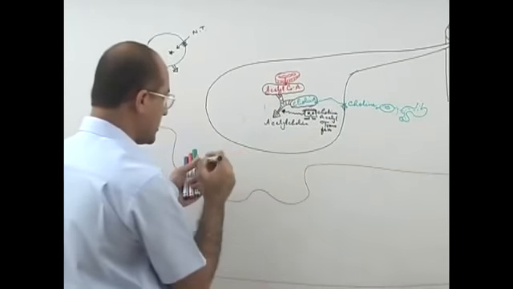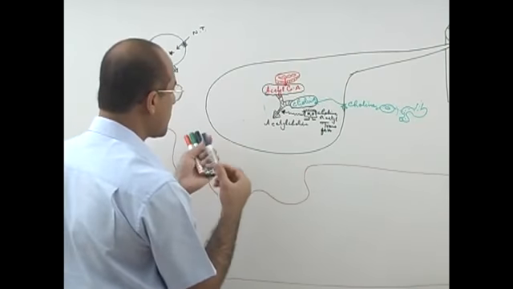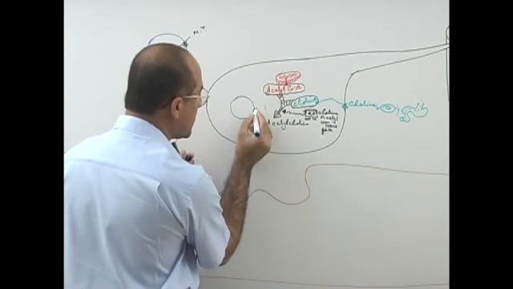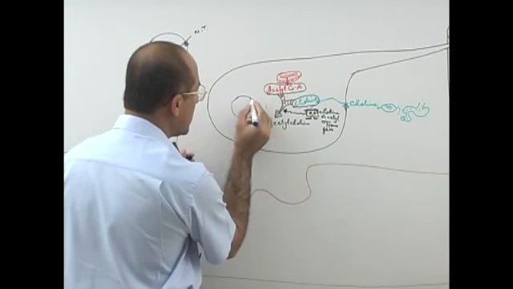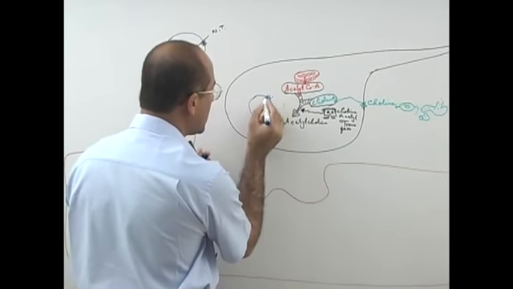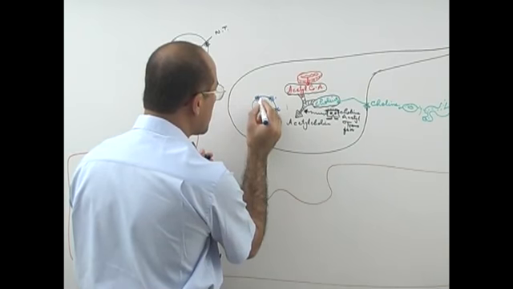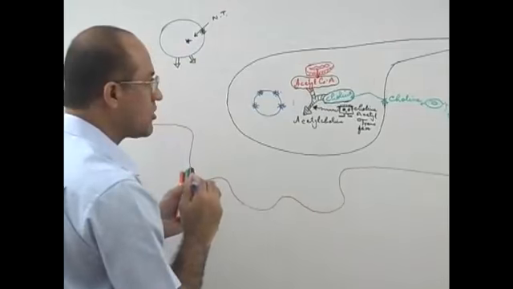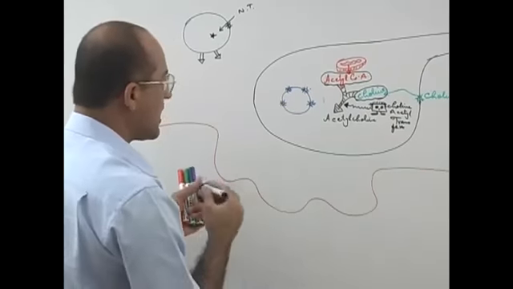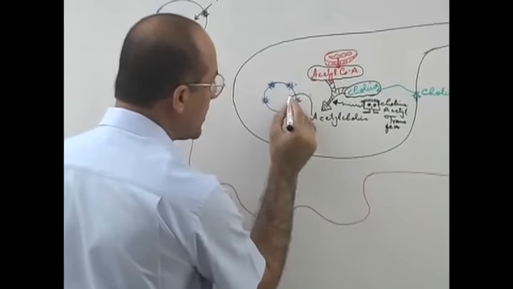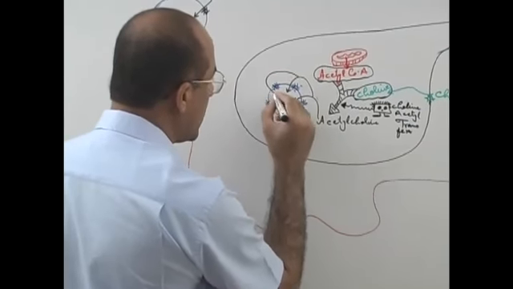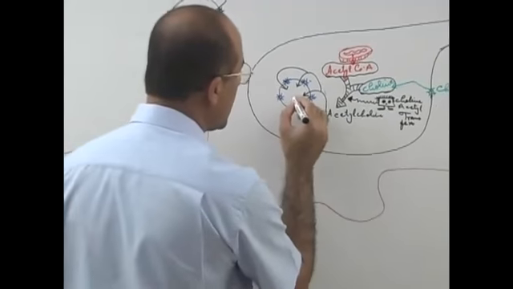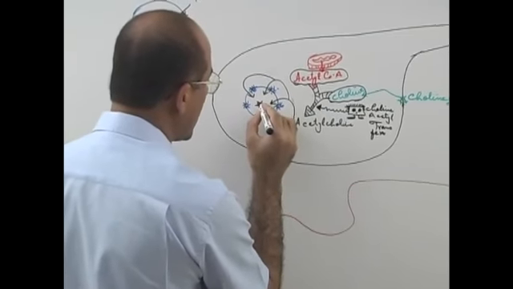And this acetylcholine should be appropriately stored. For storage, I told you there are vesicles, and these vesicles have very special transporting proteins. These transporting proteins are sensitive to the presence of acetylcholine, and as soon as acetylcholine is formed, it is transported into the vesicle, and then the vesicle becomes very rich in acetylcholine.